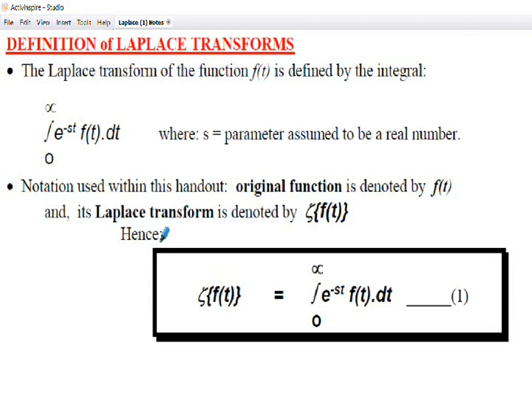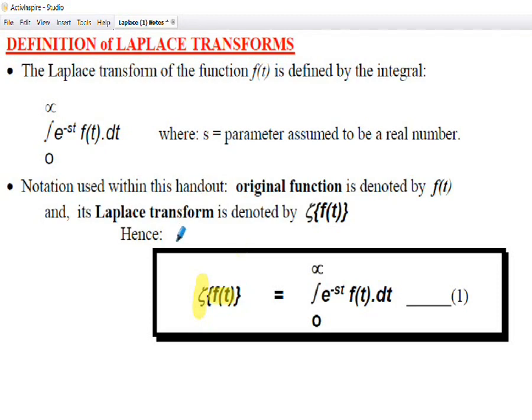On the left hand side of the equation, this symbol here is actually the symbol eta, it's a Greek symbol. That stands as short form for the Laplace of a function of t, and the function of t could be t squared, it could be a constant 5, it could be sin t, it could be cos t.